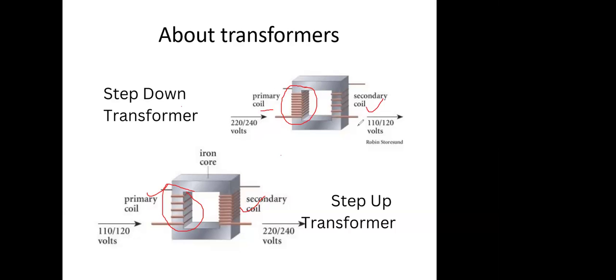So these transformers, at our level, they can ask us how they help in transmission of energy. So we know how they help. A step up is used to step up from a small voltage to a high voltage for transmission. Then a step down steps it down from a high voltage to a small voltage for consumption.